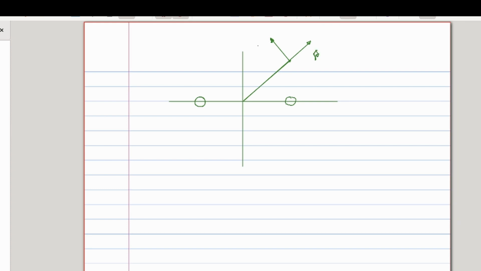This is called r cap direction, and this is called theta cap direction. So E bar can be written as, if this angle is theta, 2 k p cos theta by r cube r cap plus k p sin theta by r cube theta cap.